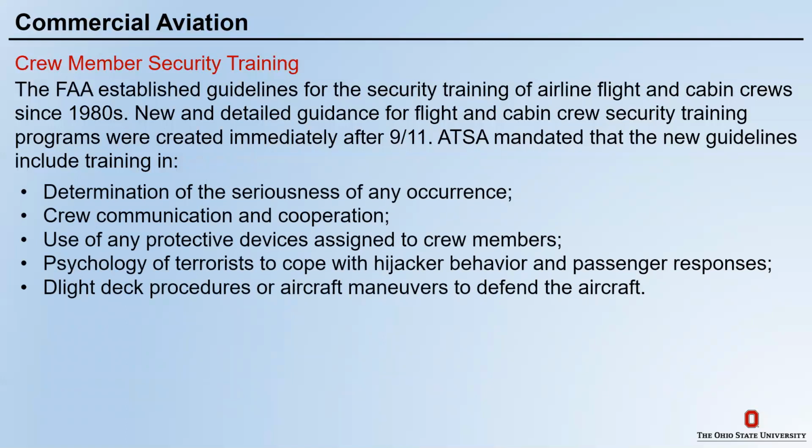The first one, determination of the seriousness of any occurrence. The onboard crew are field agents in this scenario. If there is any incident, they need to judge accurately the seriousness of it. Then crew communication and cooperation, use of any protective devices assigned to crew members, and they also need to learn the psychology of terrorists, to cope with hijacker behavior and passenger responses.